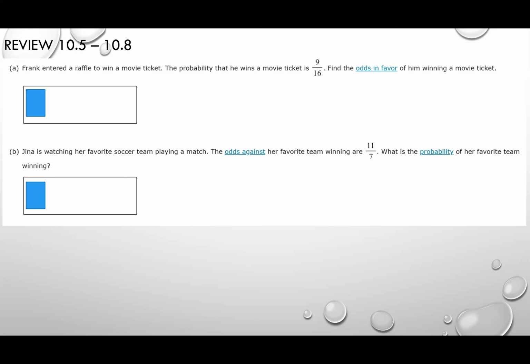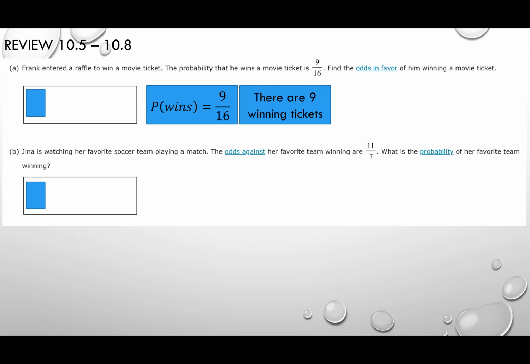Okay, so if they give you the probability, this is what you need to ask yourself: do you agree that the probability of winning the movie ticket is 9/16? Meaning there are 9 winning tickets out of the total 16 tickets. That's the probability, right? What we have over the total.